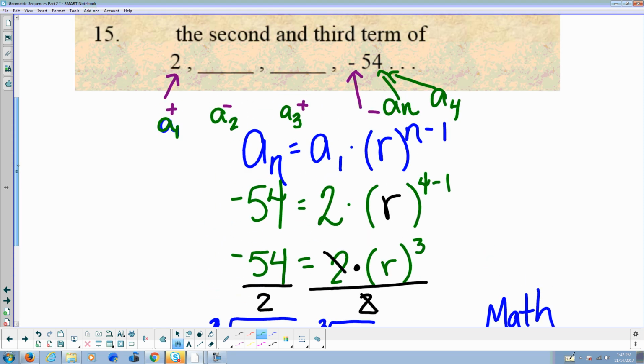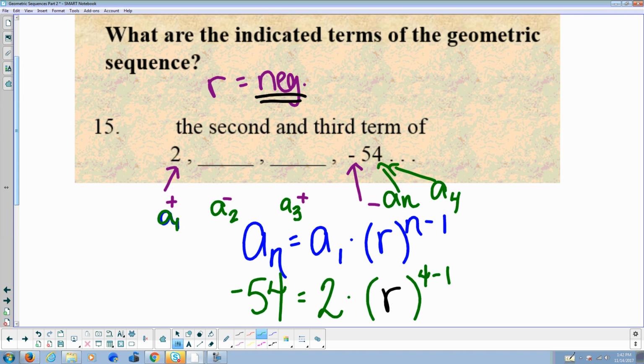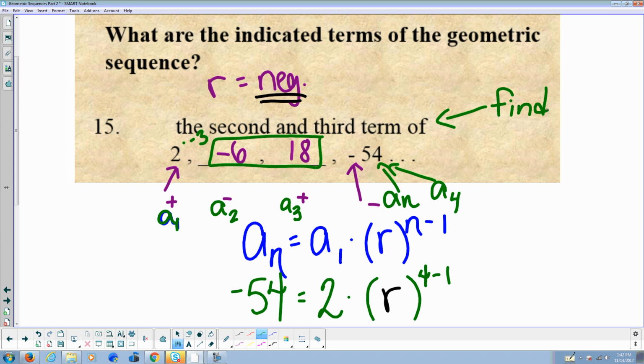Once I know what R is, I can go back to my sequence and fill in these missing blanks by multiplying by negative 3. So 2 multiplied by negative 3 gives me negative 6. And negative 6 multiplied by negative 3 gives me positive 18. And 18 multiplied by negative 3 gives me the negative 54 that I see last. So the second and third terms are found by finding R using our formula.